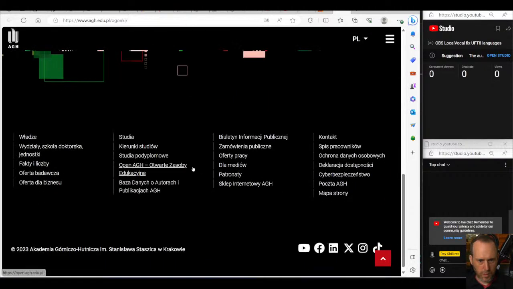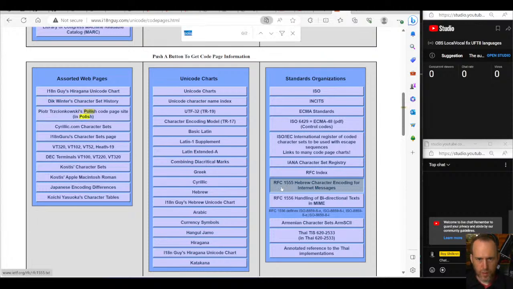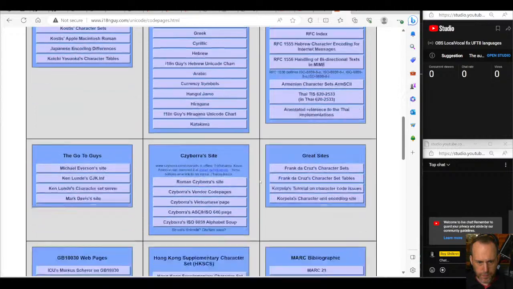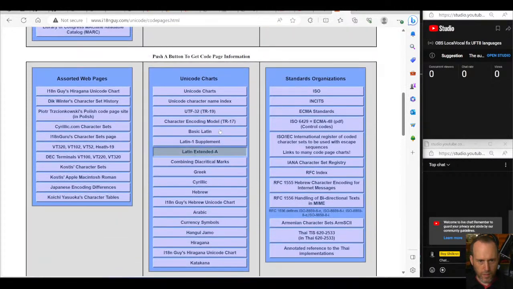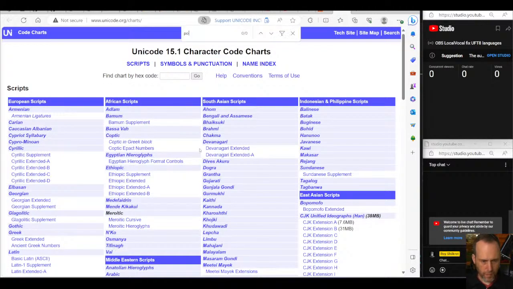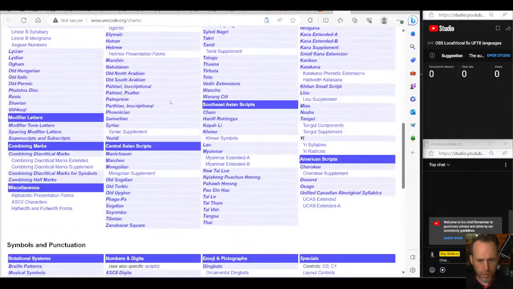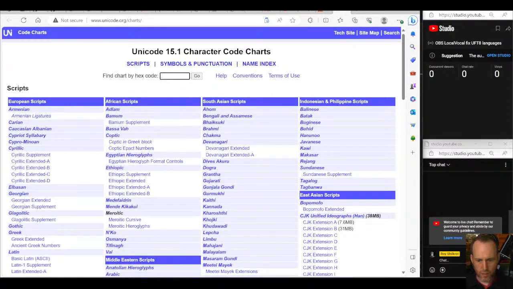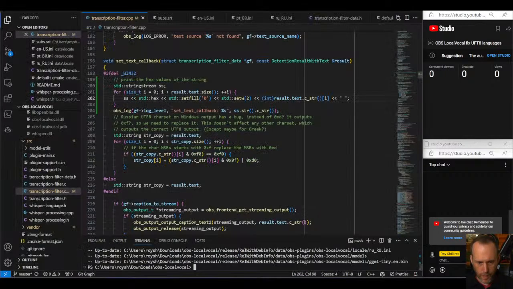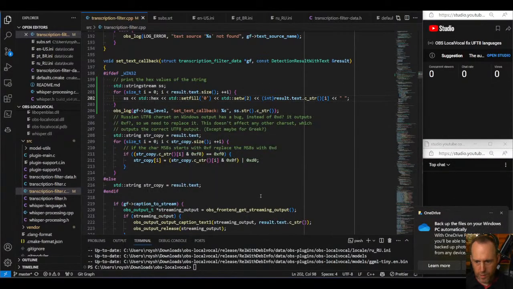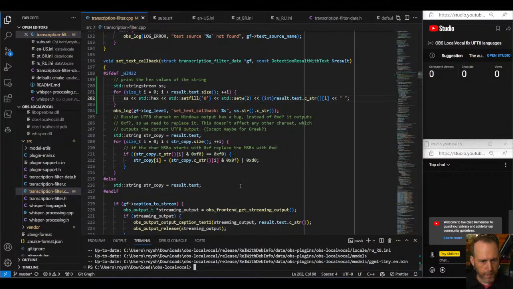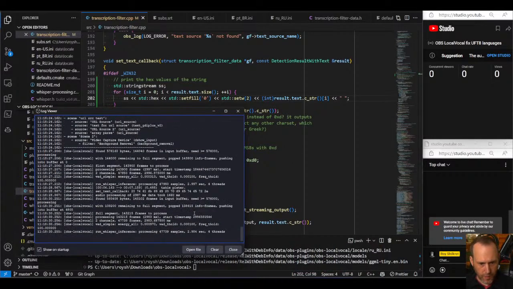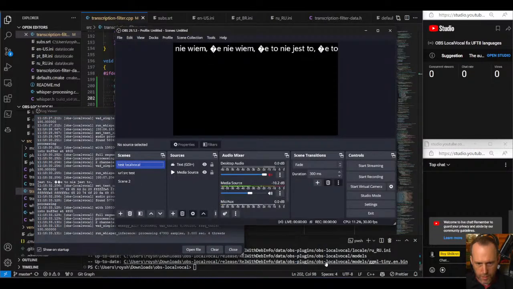It's this. Nope. Really, we don't have Polish. No sense. Maybe hex code. Let's look in OBS again and see what we got. Okay, so I think we got a few examples here.